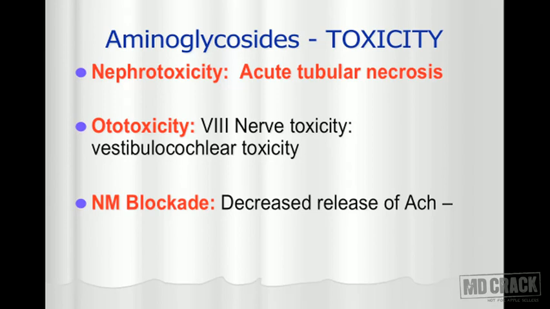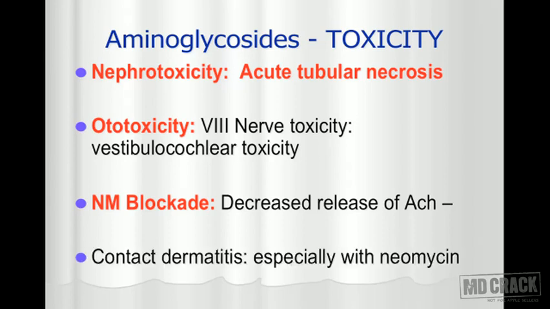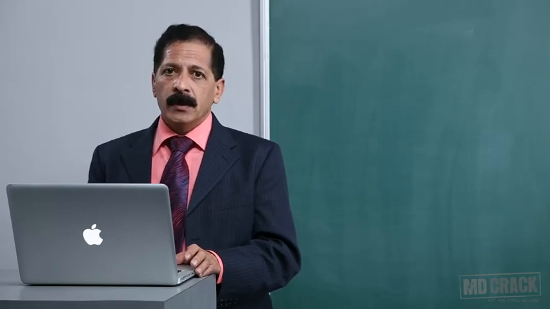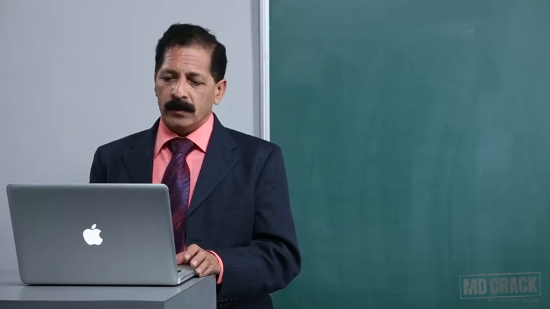So it's as good as skeletal muscle relaxation, and it's a neuromuscular blocker. And the last toxicity, as you see on this slide, is contact dermatitis. This contact dermatitis is especially known with neomycin, about which we said that neomycin is most probably used for local effects. We move on to the next slide to explore the toxicities more.